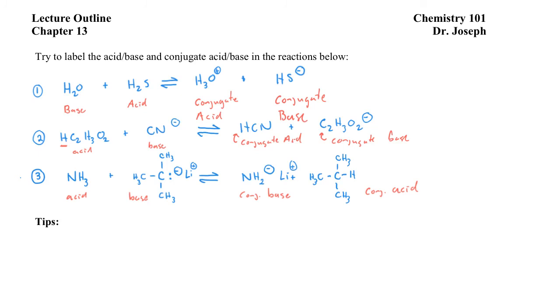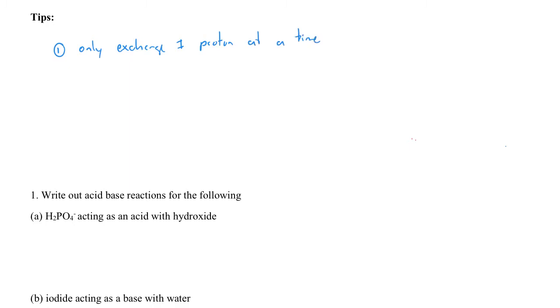Now, just a few tips as we go through learning about these acids and bases. The first tip I would say is when you're doing acid-base reactions, only worry about exchanging one proton at a time. There are situations where you might have more than one, but don't worry about that in the beginning. Just do one at a time.